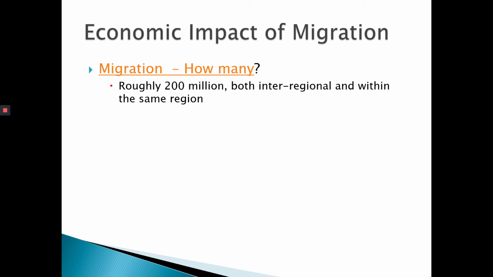Why might an individual leave a country in Africa, which is a developing country? Let's say they leave the country of Ethiopia in Africa, and they migrate to Somalia, which is another developing, lesser developed country in Africa. Why would they choose to do that?